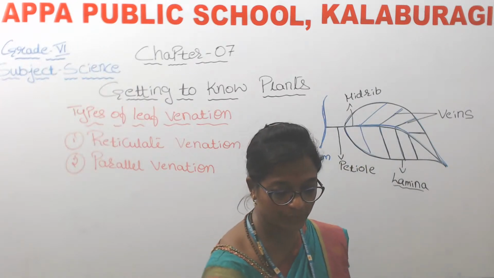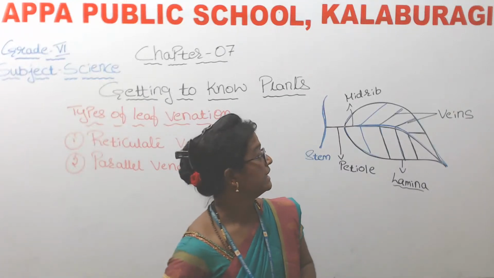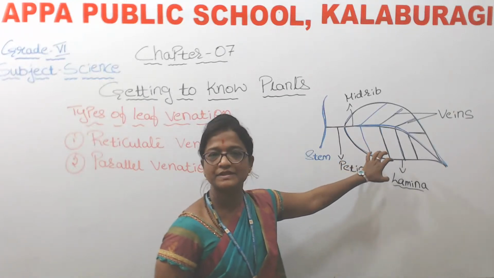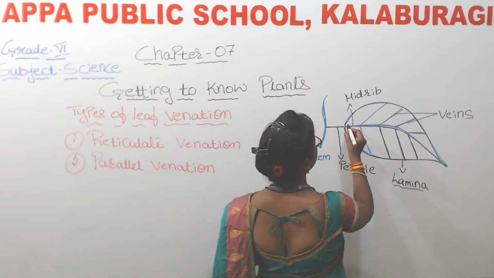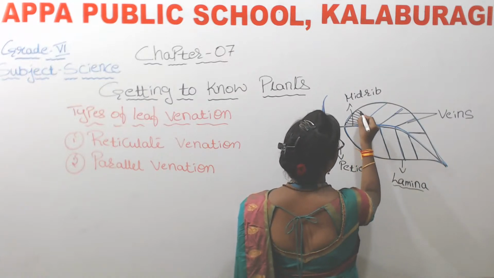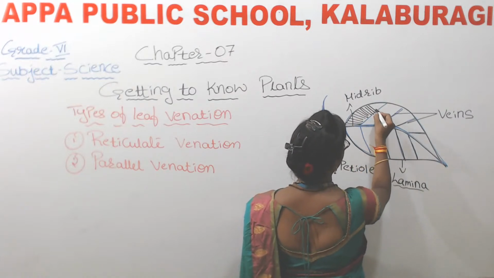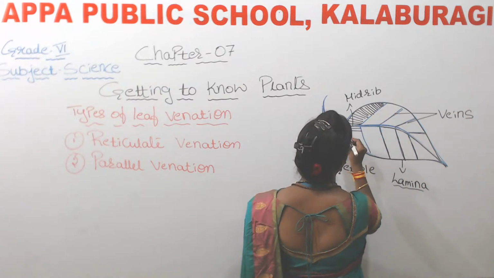Okay. So now what do you mean by reticulate venation? Yes, children. So here you all might be seeing leaves, isn't it? So when you observe the leaf carefully, you will find a net-like structure.